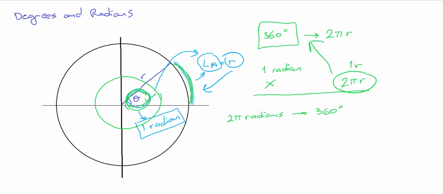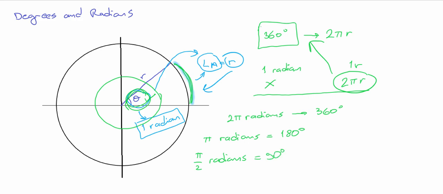So from here I can say that pi radians is going to be equal to 180 degrees. Well, I can keep going. Pi over 2 radians is going to be 90 degrees.